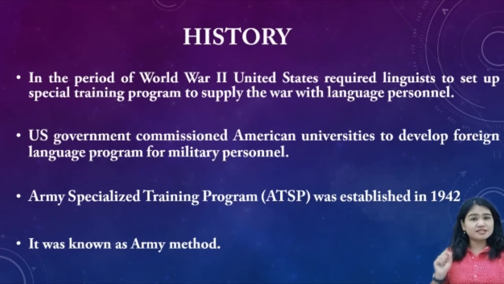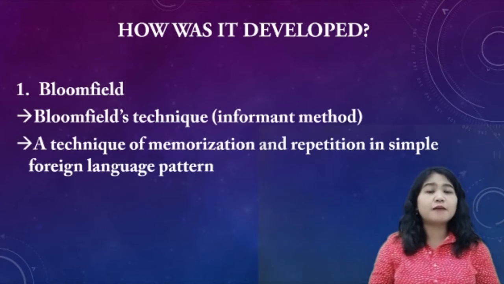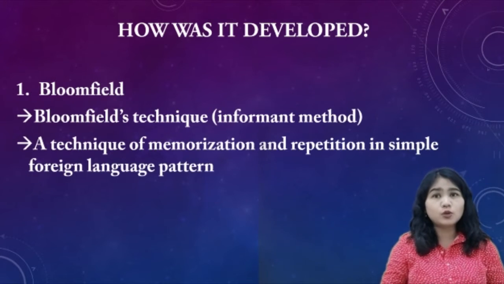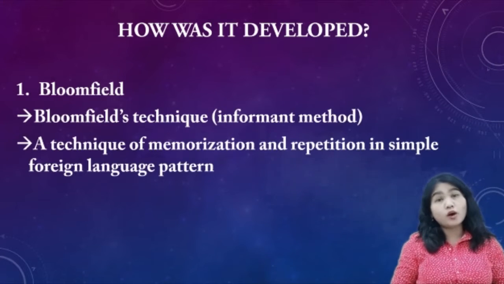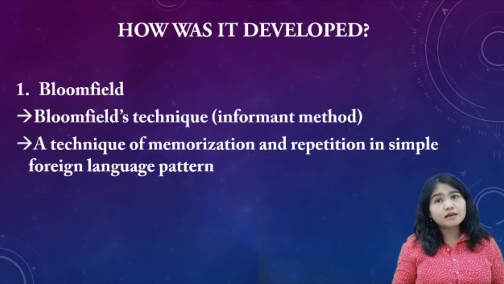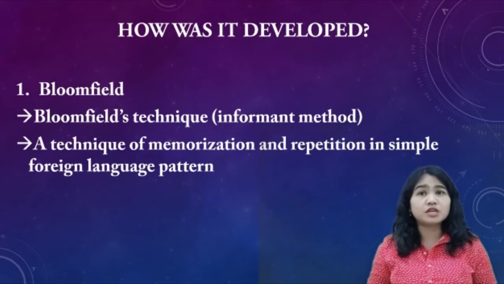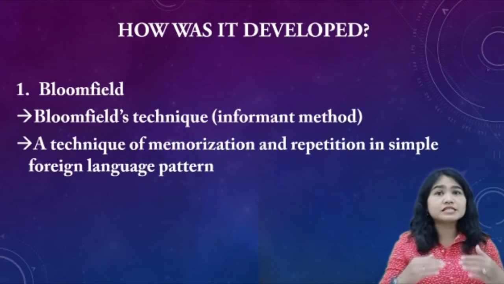Then, how was it developed? It was developed when American linguists such as Leonard Bloomfield and Charles Rice aimed at collecting indigenous languages spoken in the U.S. The technique that Bloomfield and his colleagues used was sometimes known as the informant method. Why is it called the informant method? Because it used a native speaker of the language as the informant.